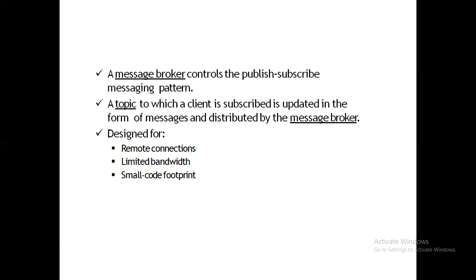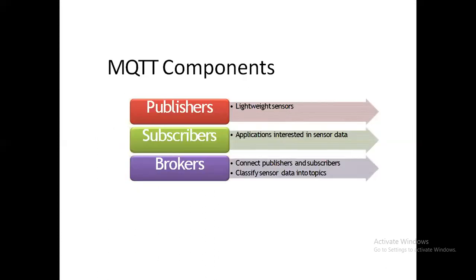Small code footprint. Look at these components. We require publishers, subscribers, and brokers. Publishers are lightweight sensors. Subscribers are applications interested in sensor data. Brokers connect the publishers and subscribers and classify sensor data into topics.